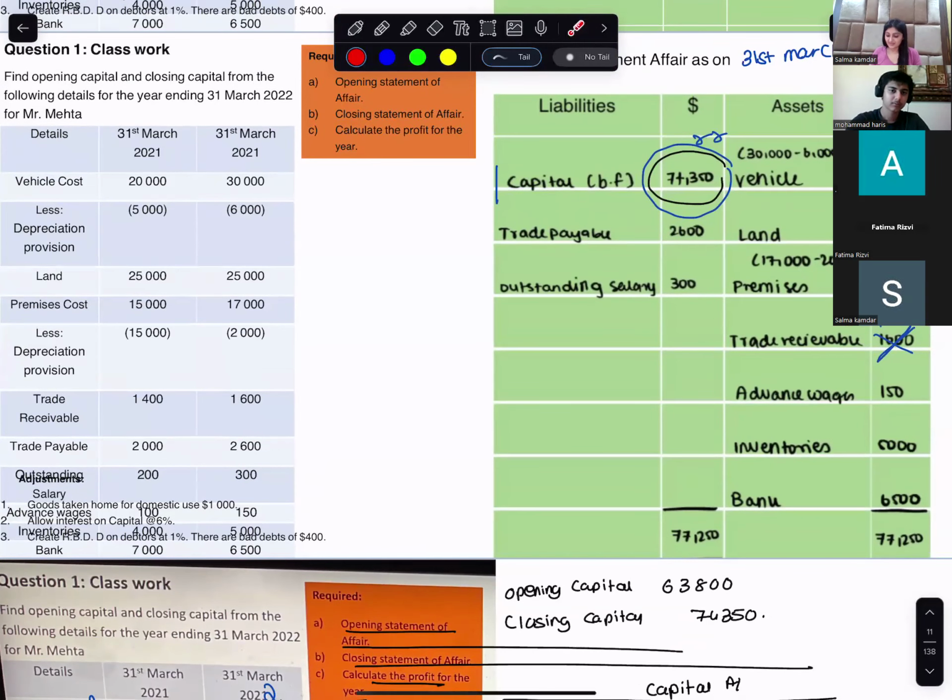The total of your assets: 24,000 plus 25,000 plus 15,000 plus 1188 plus 150 plus 5,000 plus 6,500.